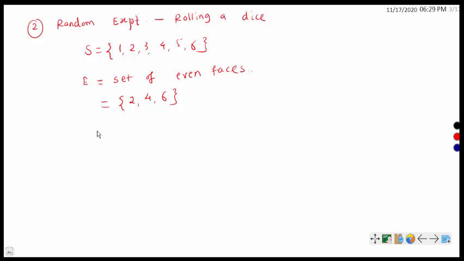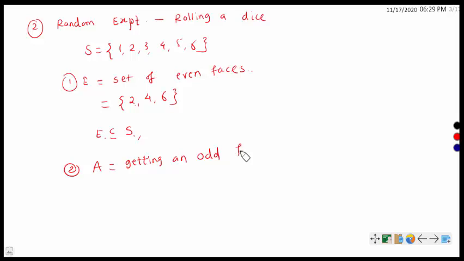This is an event because E is a subset of the sample space S. E is contained in S, so the set of numbers 2, 4, 6 are elements of S. This is one example. Second, A is equal to the set of all odd faces, or getting an odd face.